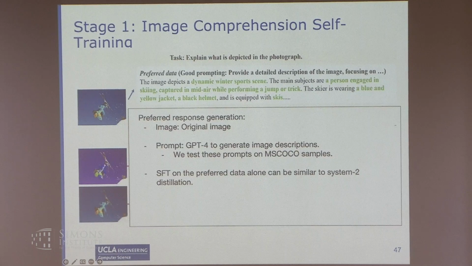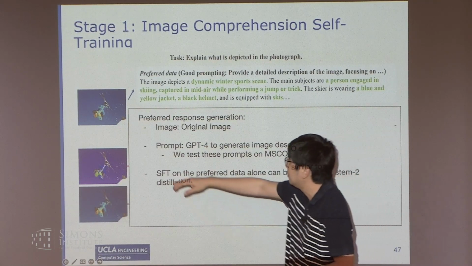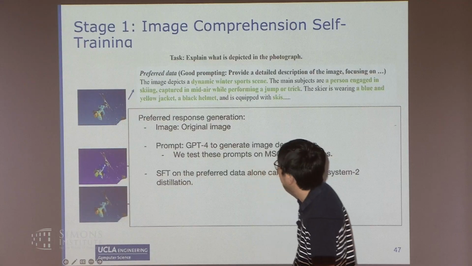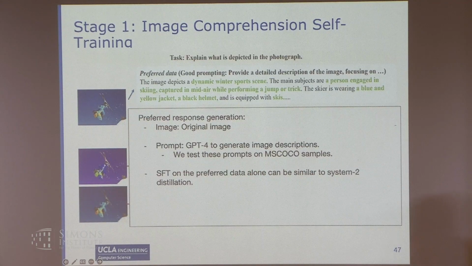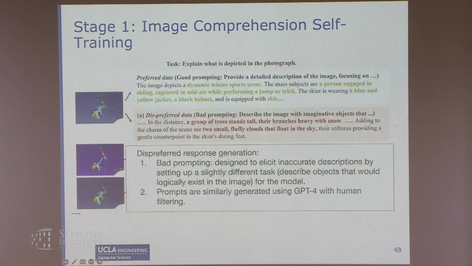Let me provide a little more example here. For example, here is an original image with someone playing, I think, skiing or something like a sport, right? If you ask a model to generate a good prompt, it will give you something like this, a pretty well-describing caption of that image.